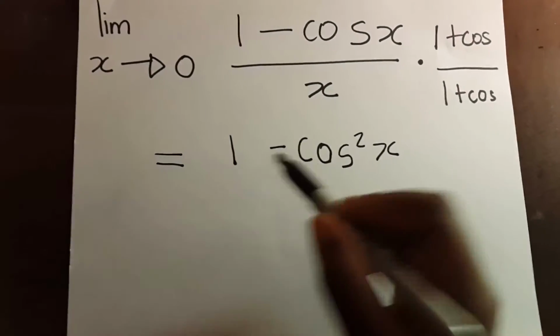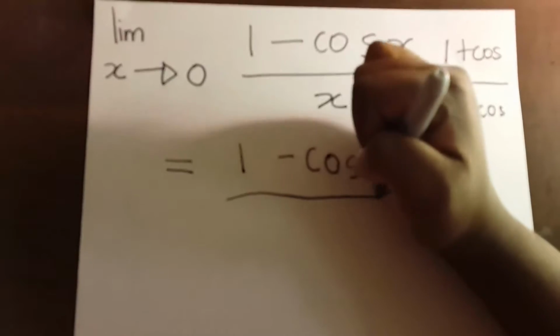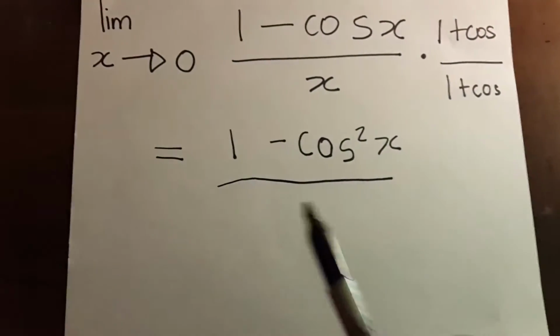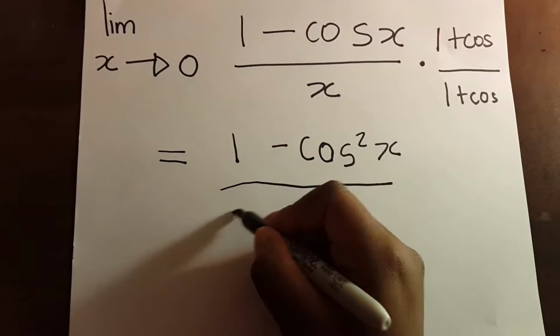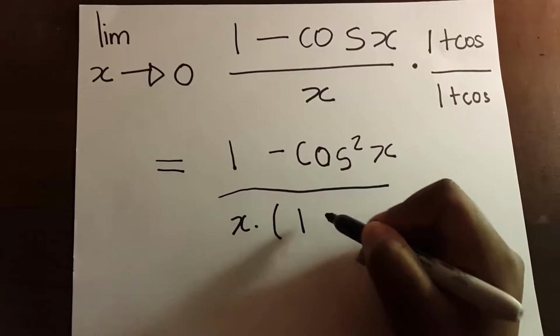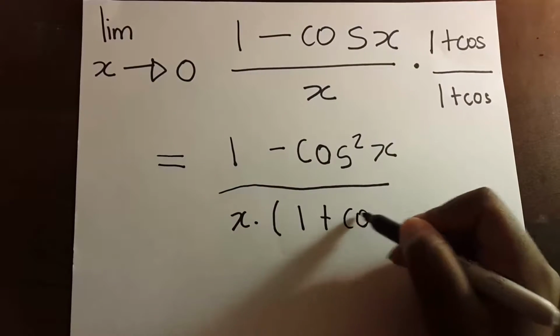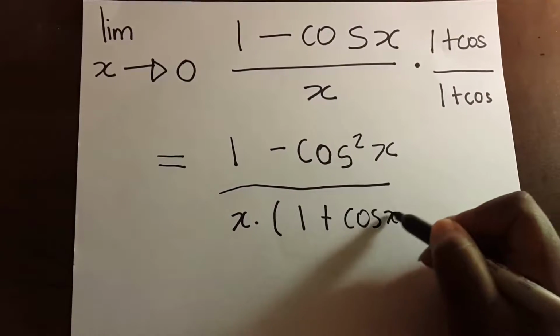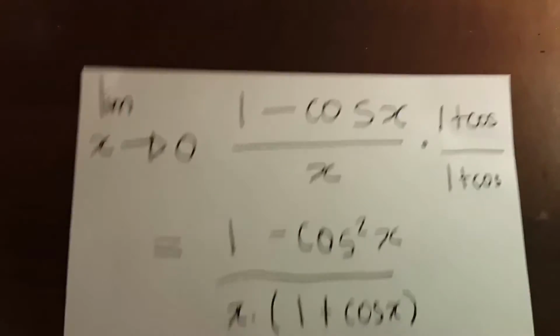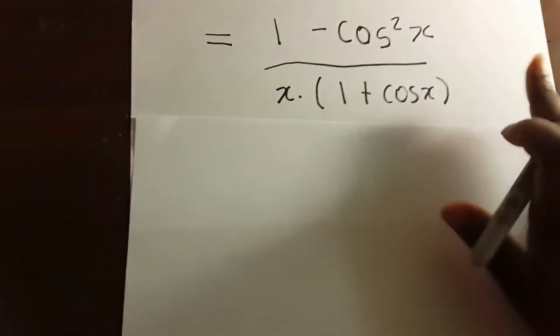At the bottom, you get x multiplied by 1 plus cosine of x. I'm going to grab another sheet of paper so that we continue from there.